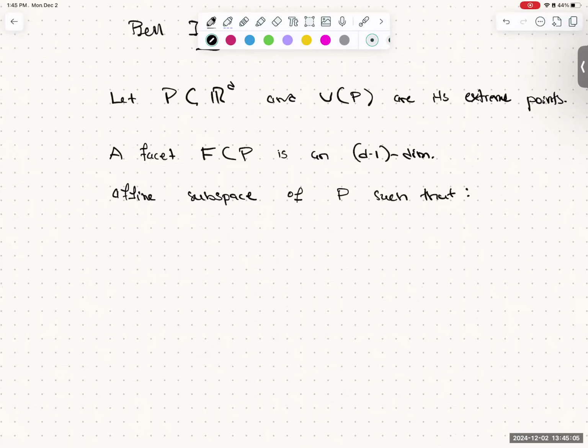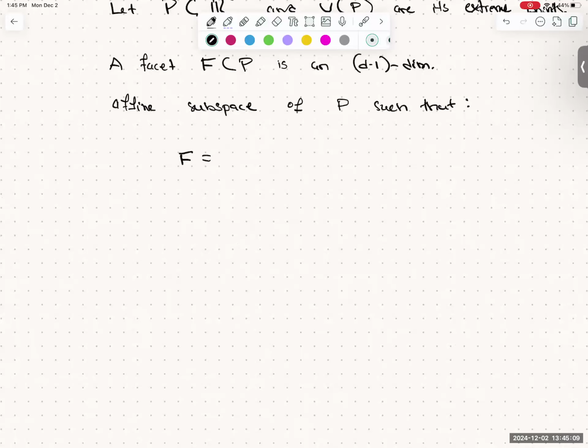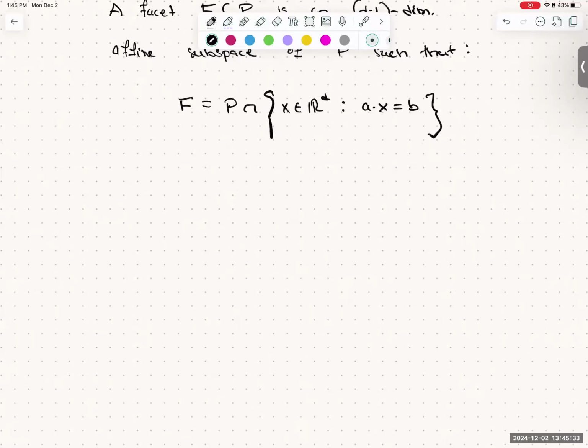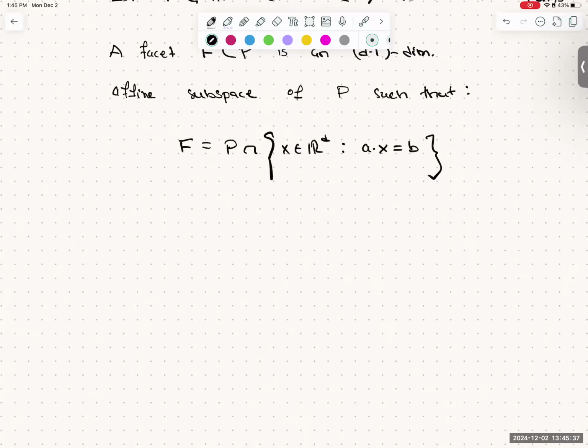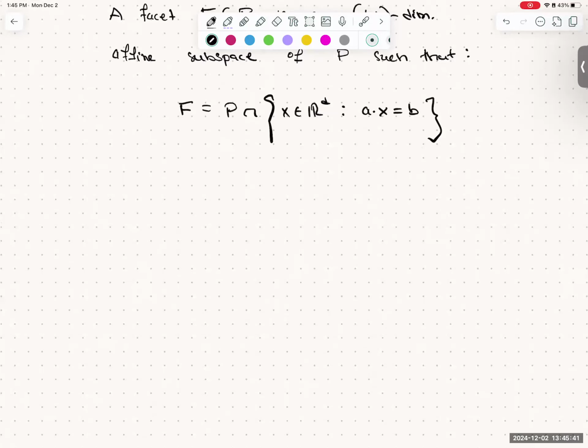such that F is equal to P intersected with some half space, or not a half space, rather, just a hyperplane, the set of X in R^D such that A dot X equals B. So this is going to be a face, a sub-polytope of P. Sorry, I should also say that this inequality holds, so we have that A dot Y is greater than or equal to B for every Y in P. So you need the inequality to actually be valid.